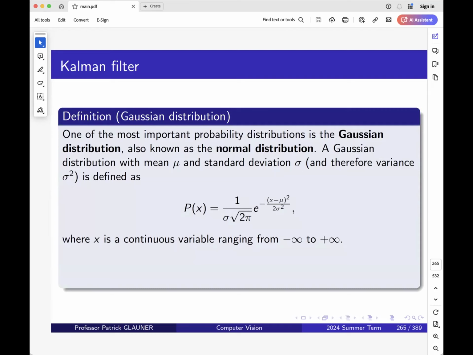In order for us to be able to use these linear Gaussian distributions, we should briefly revise the Gaussian distribution. Who of you feels comfortable with the Gaussian distribution? Just regular Gaussian distributions in one dimension, maybe thumbs up or thumbs down. Thumbs up means you feel you're a pro in understanding what the Gaussian distribution is about.